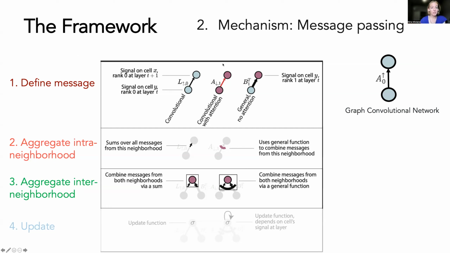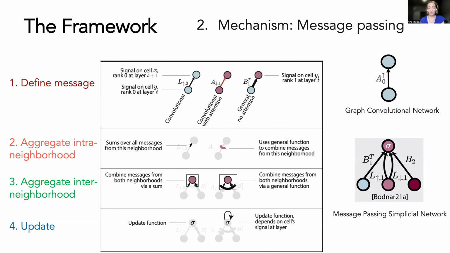Yes, because, for example, here, you could see that edges would receive messages either from other edges, via this A, or from nodes, via this B. And so first, for all the edges that receive messages from other edges, they would need to aggregate these messages, it's intra-neighborhood aggregation. And then once you have aggregated all the messages coming from this arrow, and then all the messages coming from that arrow, you need to do a meta-aggregation, which will be the inter-neighborhood aggregation. And then you update the feature on the node.